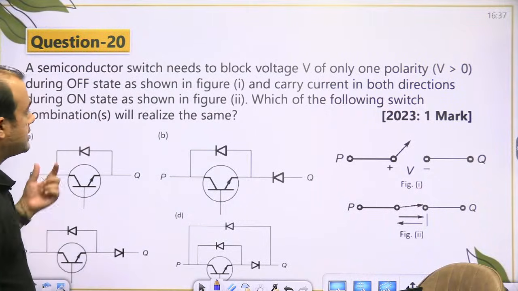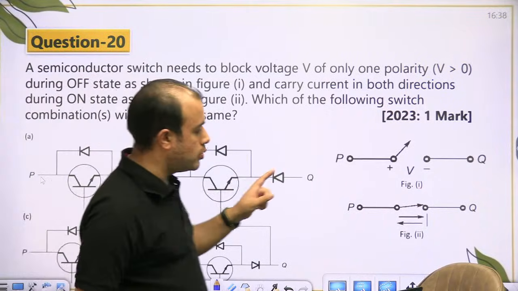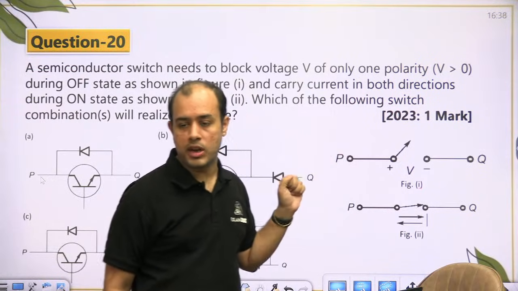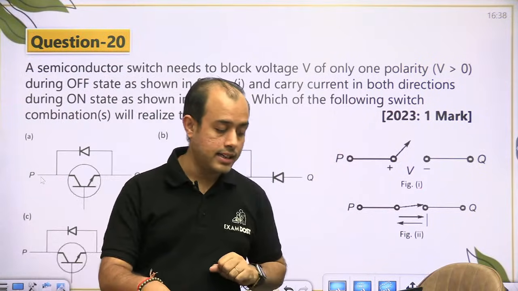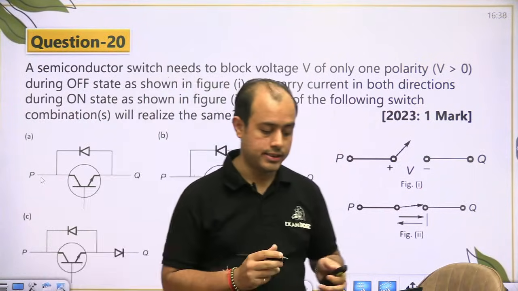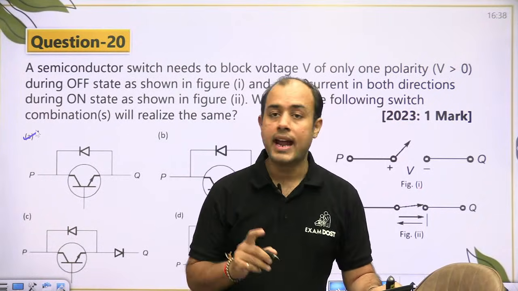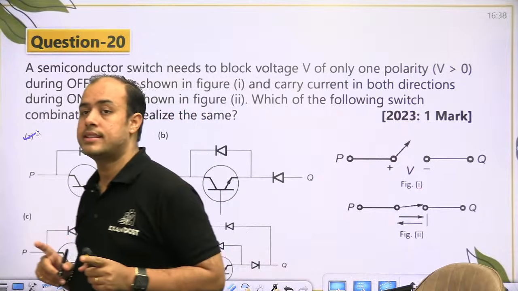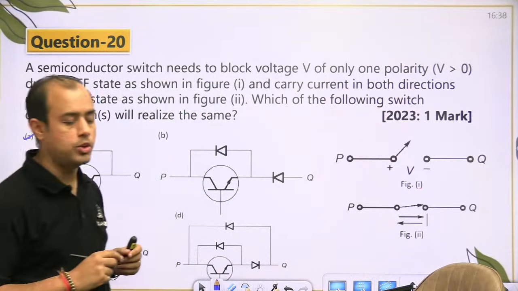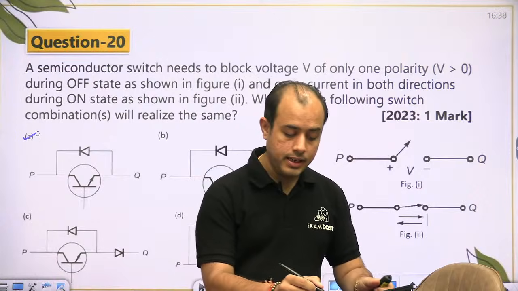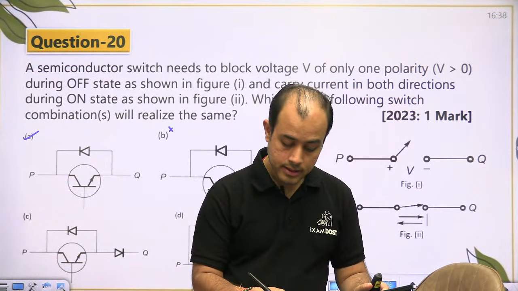देखिए भाई, a semiconductor switch needs to block the voltage of one polarity and conduct in both the directions. So which it can be? A. Anti-parallel diode makes the switch bidirectional and unipolar. B. No. Why?